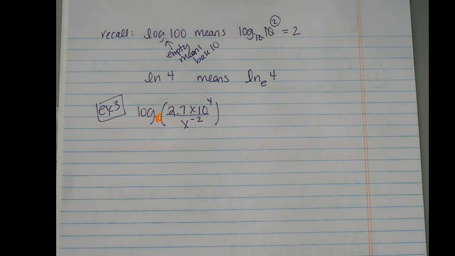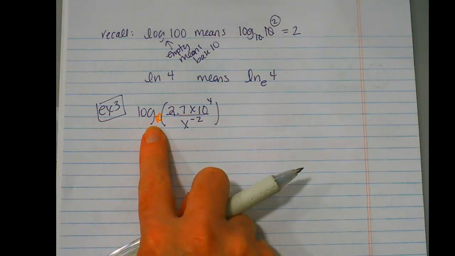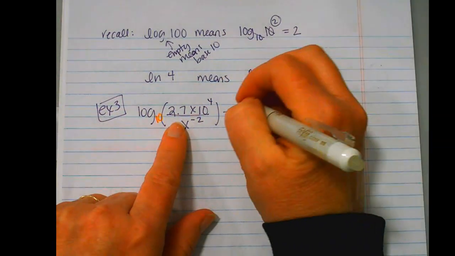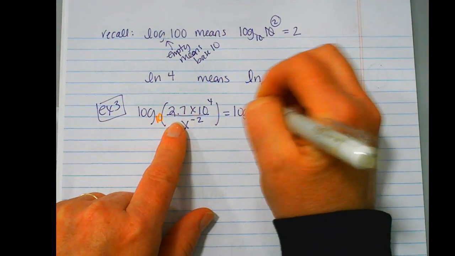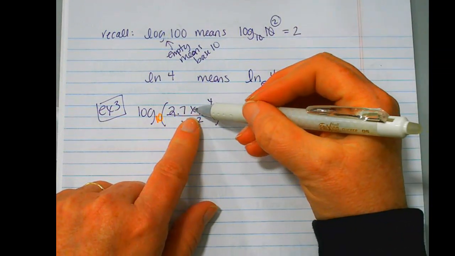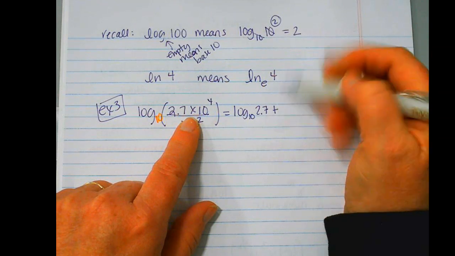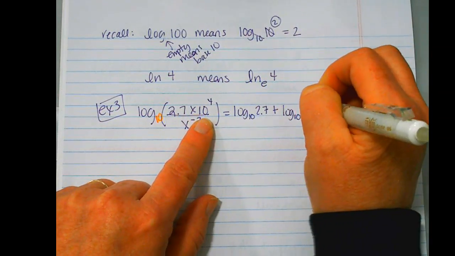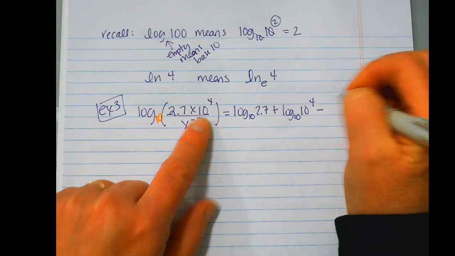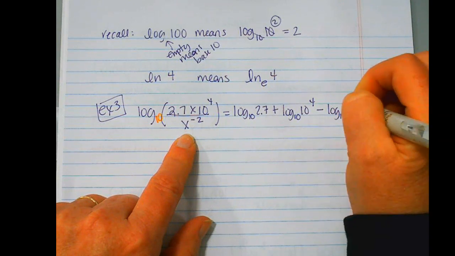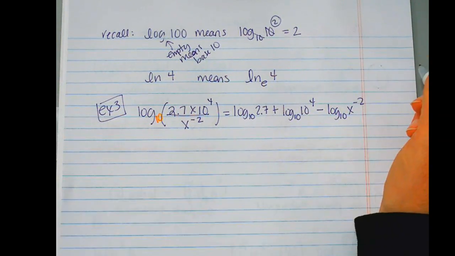So I'm expanding it. I don't need to write the 10 still, but you can if you want. So I'm going to say I've got 3 of them. Log base 10 of 2.7 plus, so this times turns into a plus when separated, log base 10 of 10 to the 4th minus this base, log base 10 of x to the negative 2.